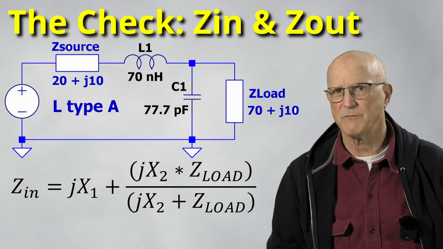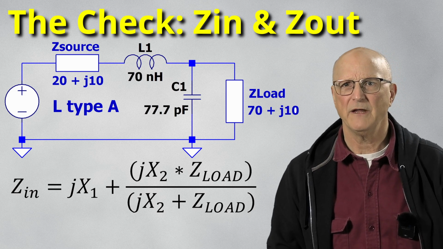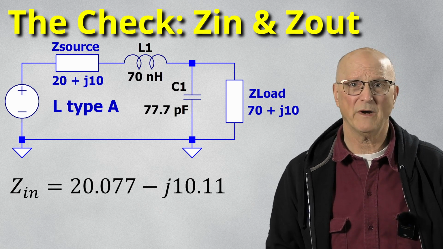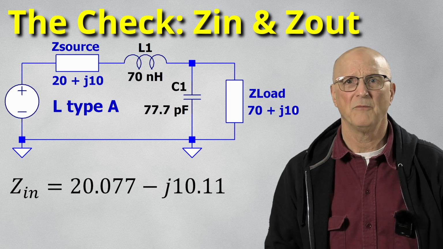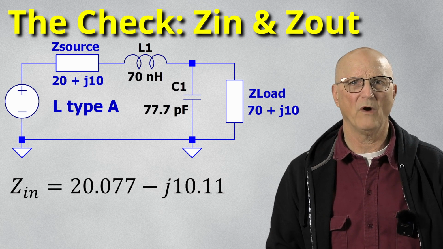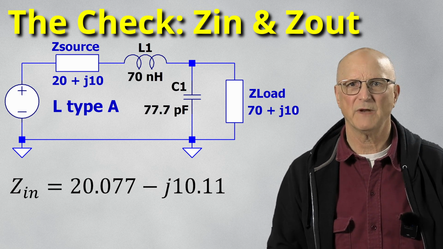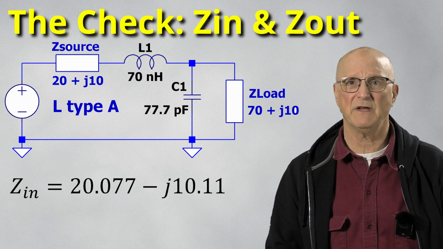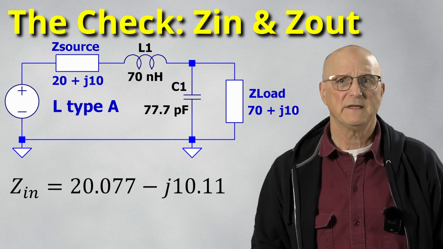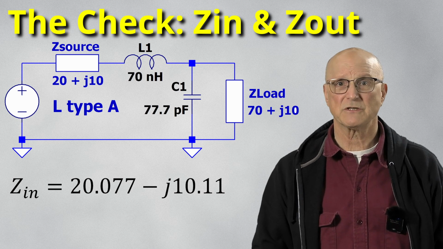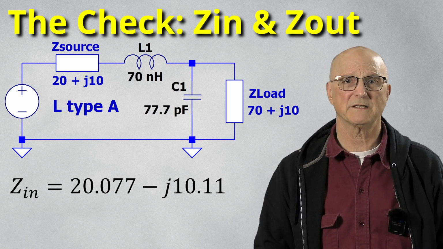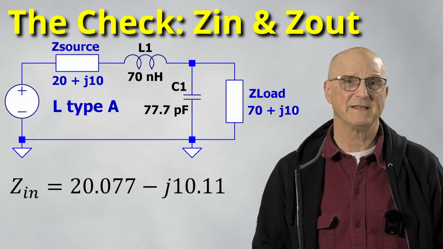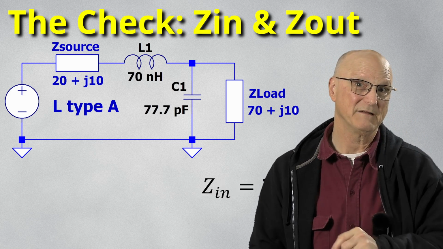And with the numbers we previously arrived at, our input impedance comes out to be 20.077 minus J10.11 when the output is terminated with the load impedance of 70 plus J10. This is the complex conjugate of the source impedance of 20 plus J10. And that is exactly what it should be.